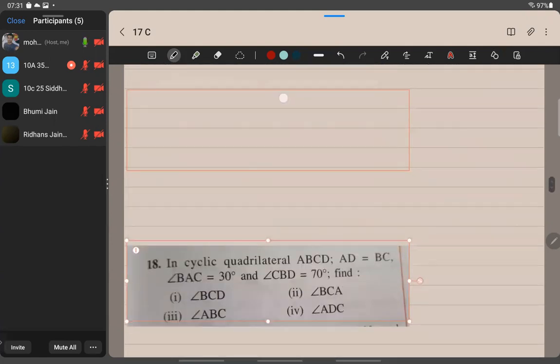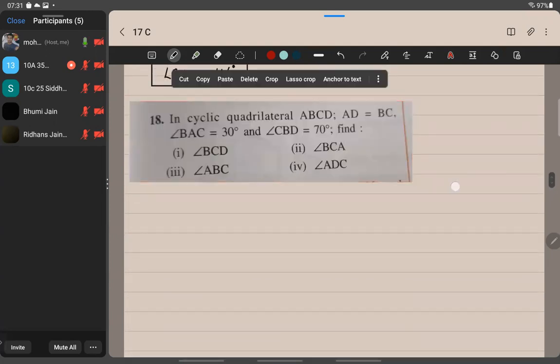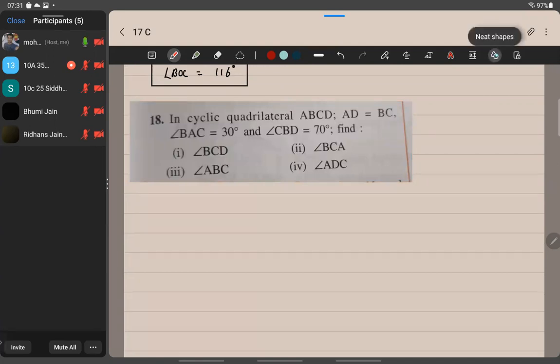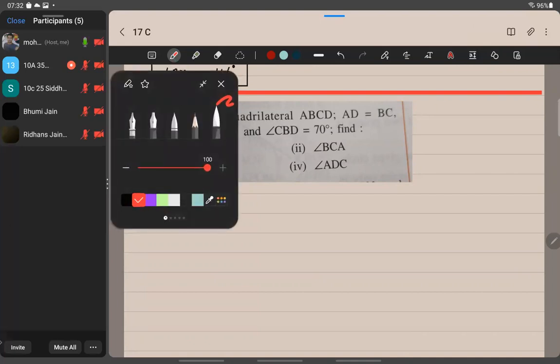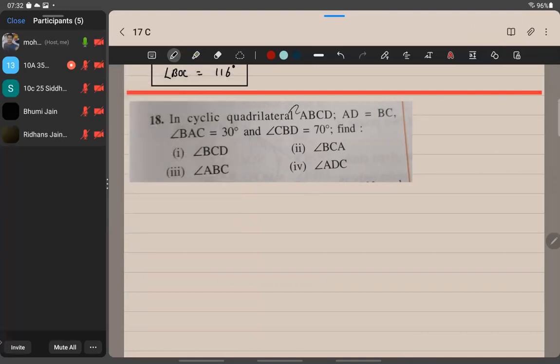Now 18th one. In a cyclic quadrilateral ABCD, AD is equal to BC. Okay, so there is a circle. We have to draw the figure.